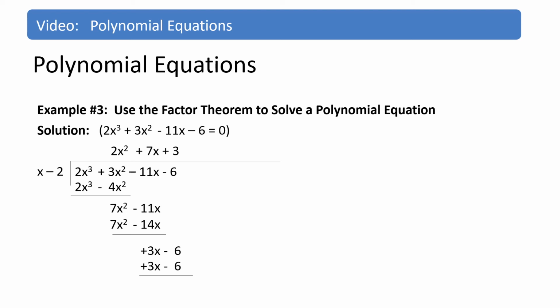So we will take 2x^3 + 3x^2 - 11x - 6, divide by x - 2, and when we work it through, we find the new quotient is 2x^2 + 7x + 3. Pause for a moment, try it for yourself to make sure I am correct.